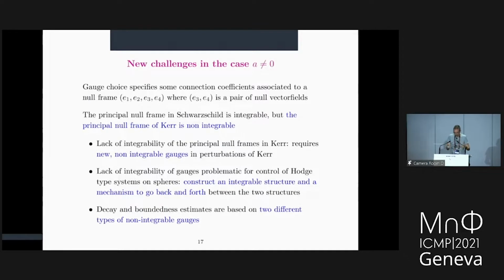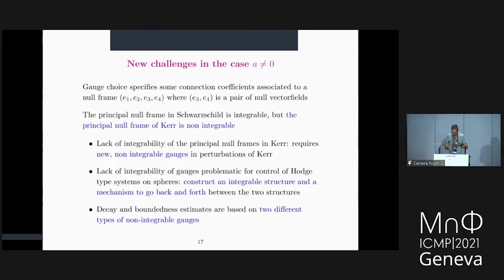Okay, of course, in perturbations, you can also define such null frames. For instance, E1, E2 will be tangent to spheres of intersection. They are not round spheres, but they are topological spheres, and E3, E4 can still be generators of null cones. Now, usually when you define an object in perturbation, you always have in mind what object it should converge to in Kerr.